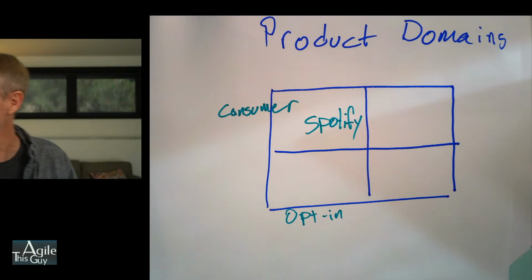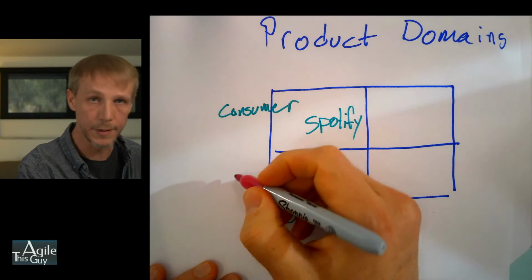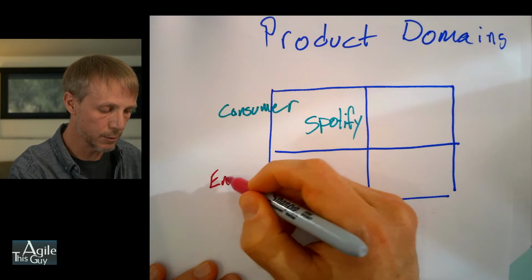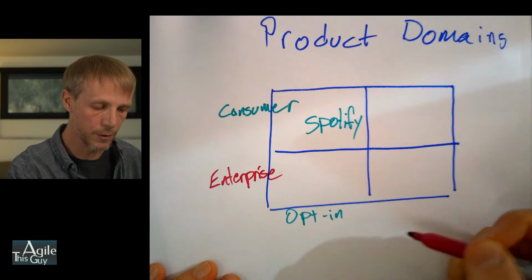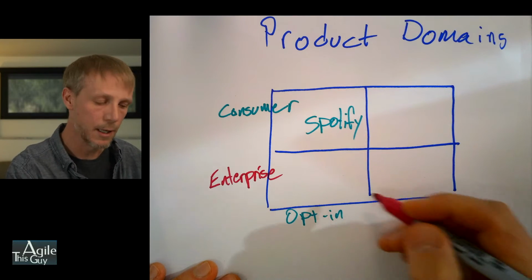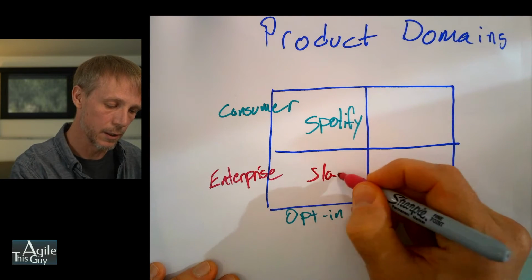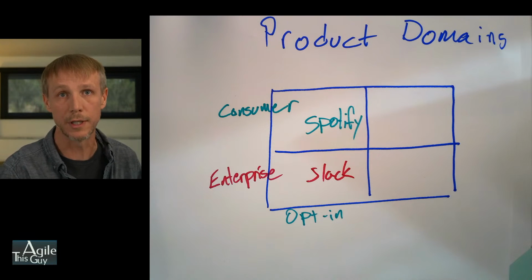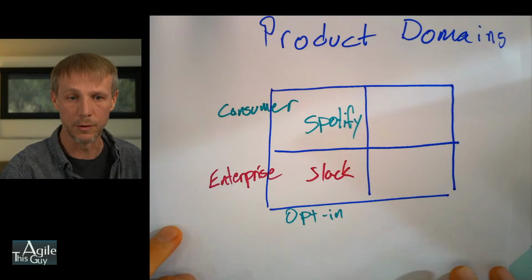However, there's also, instead of those external facing products, internal or even enterprise facing products, and still those that are opt-in. And maybe I would put something like Slack in this place where you can download and use it. Maybe it gets enough usage inside a company to be widely used.